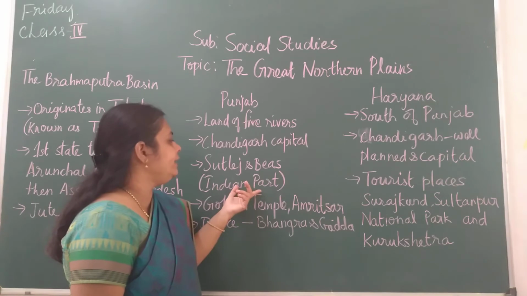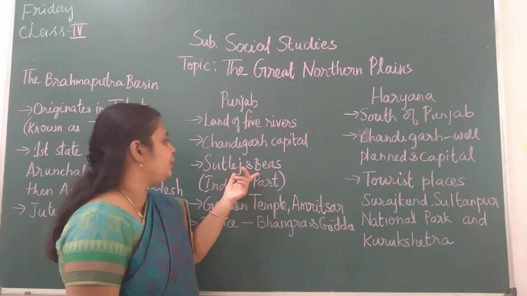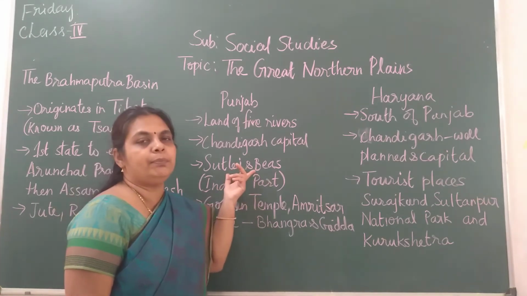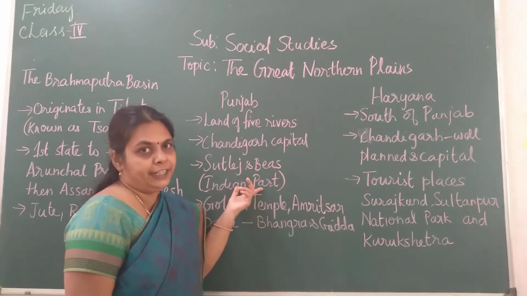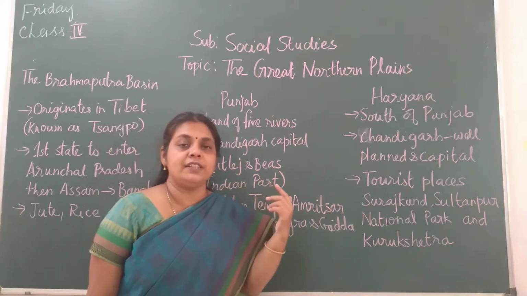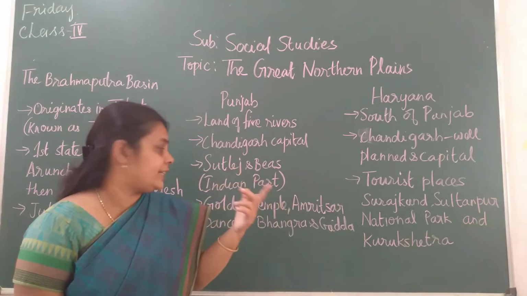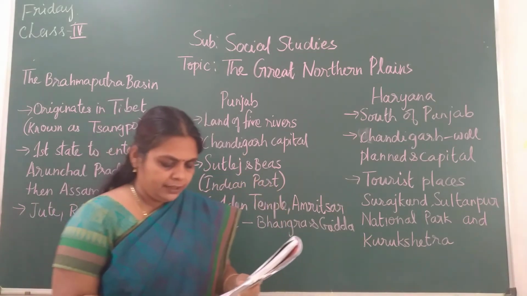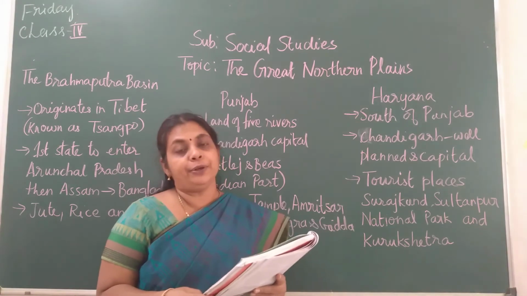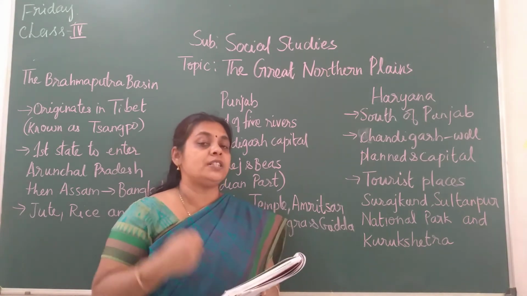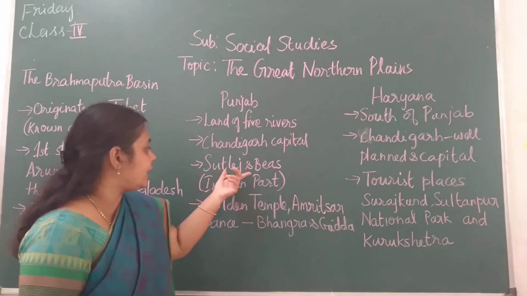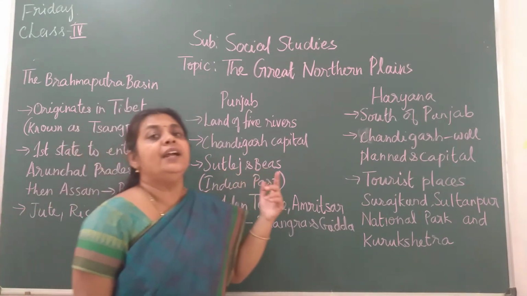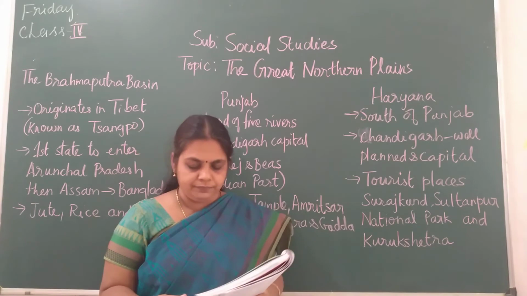Mainly in the Indian part, as I told you, the Sutlej and the Beas form the Indian part, and then they join with the river Indus in Pakistan, children. Because they go and join with the river Indus, we can say Sutlej and Beas are the tributaries, children.